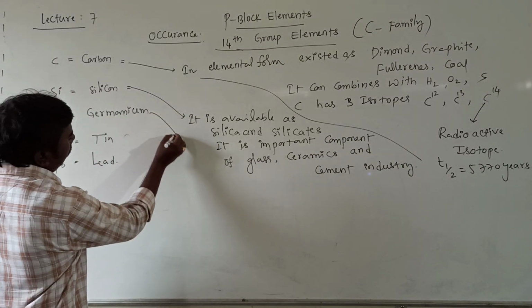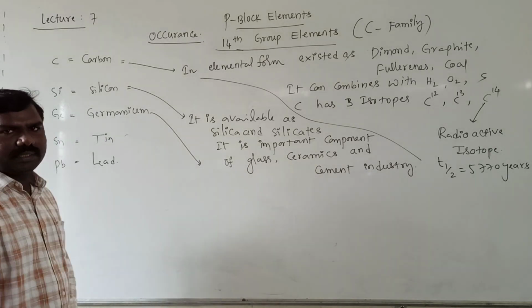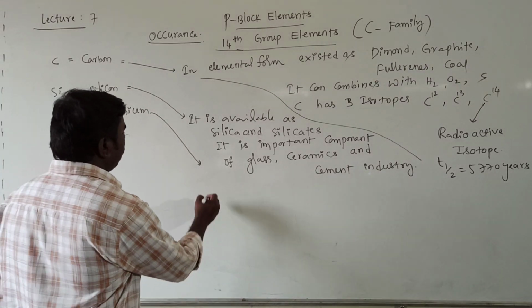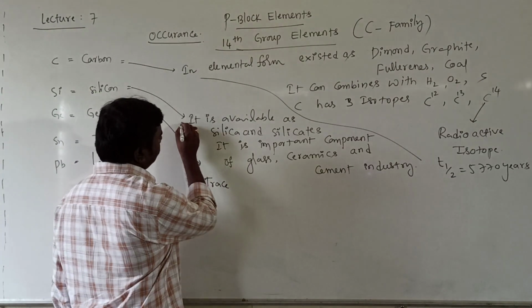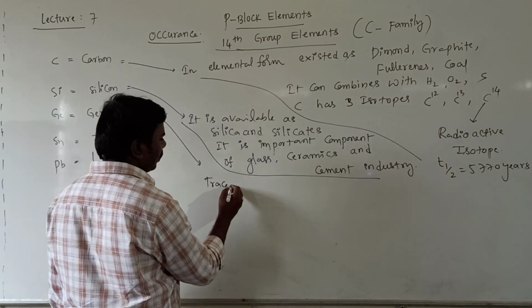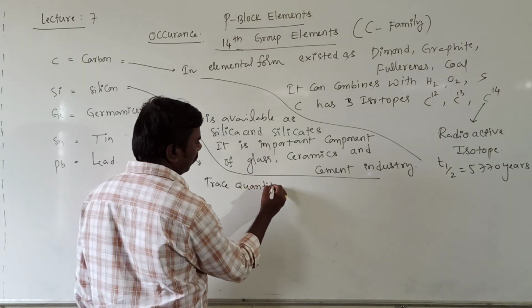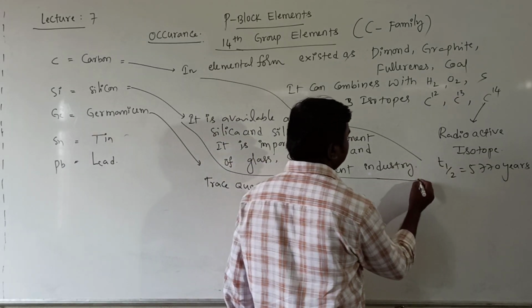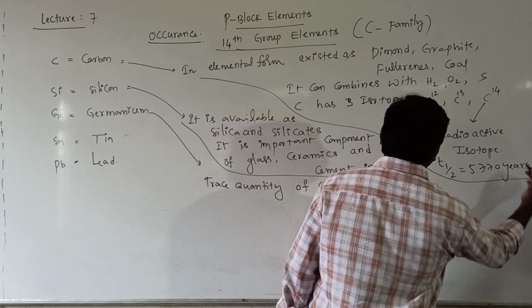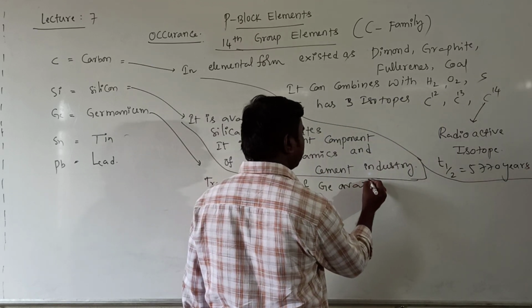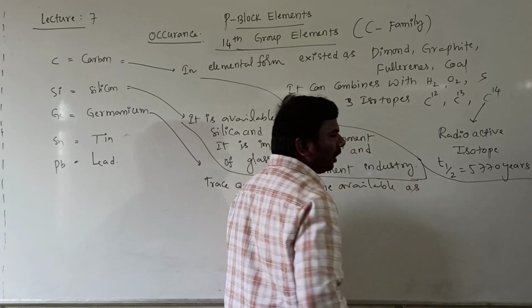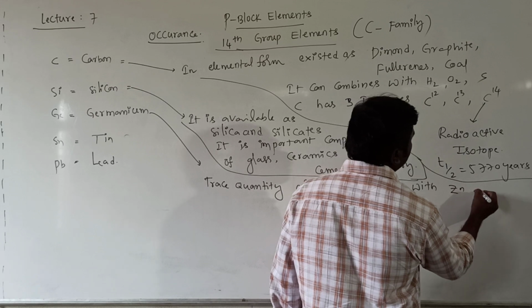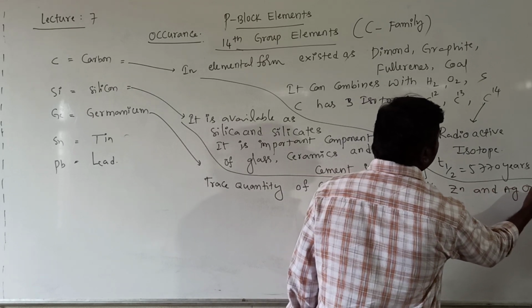Next, germanium. It exists especially in trace quantity, meaning a very small quantity, available with zinc and silver ores.